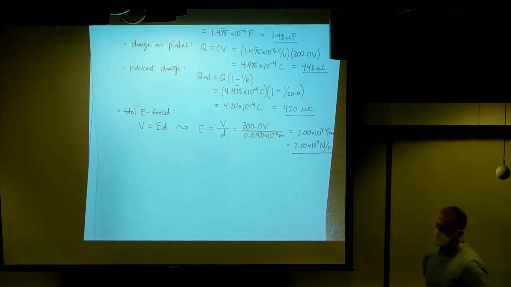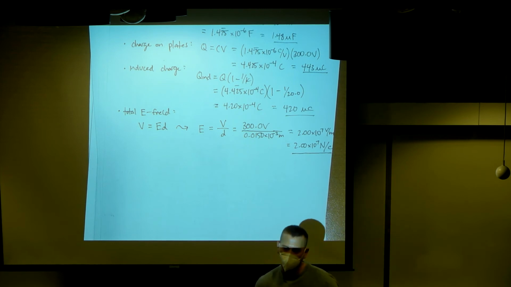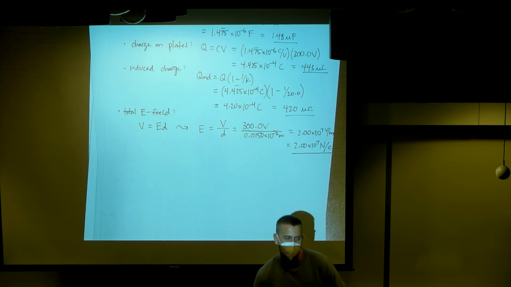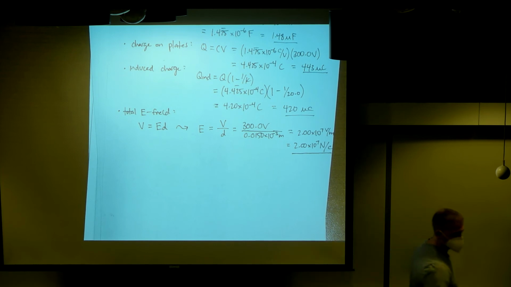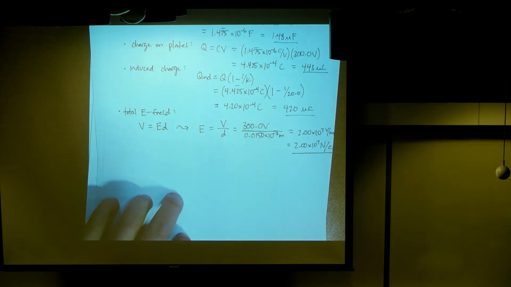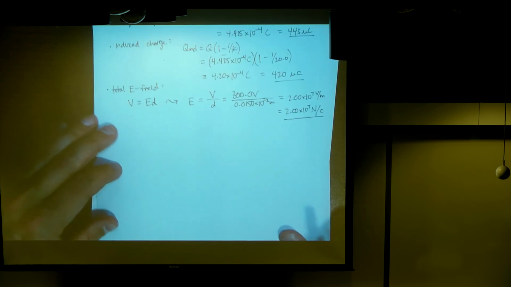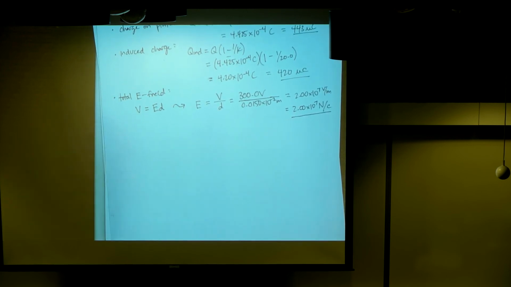But remember, this total E field can be broken into two parts. It's the E field due to the charges on the plates and the E field due to your dielectric material combined, right? So that's the total. Now let's figure out how to go from the total to each individual piece, okay?